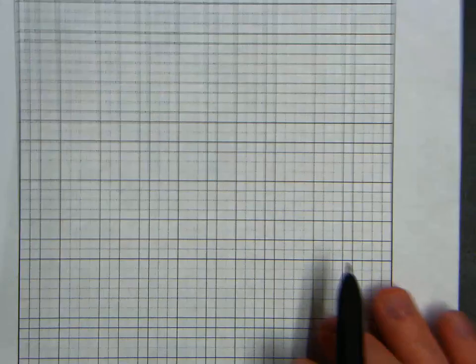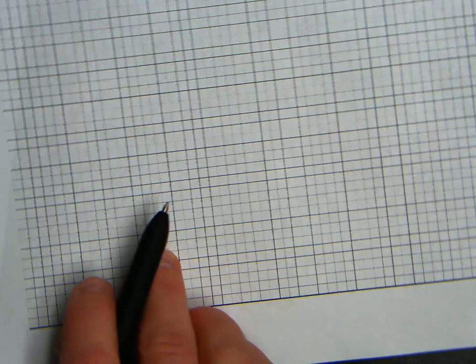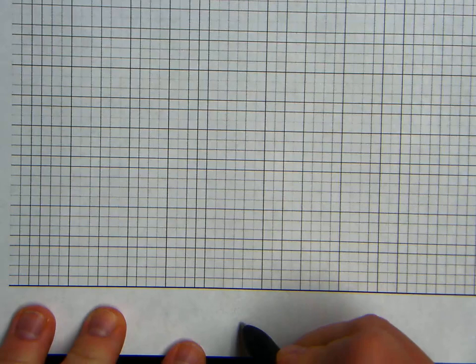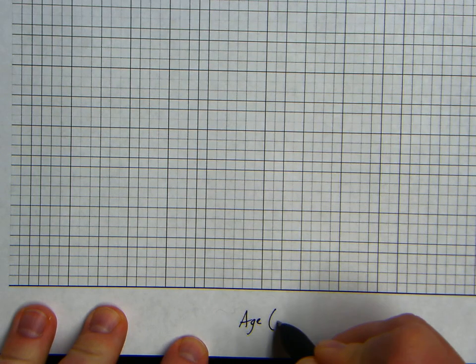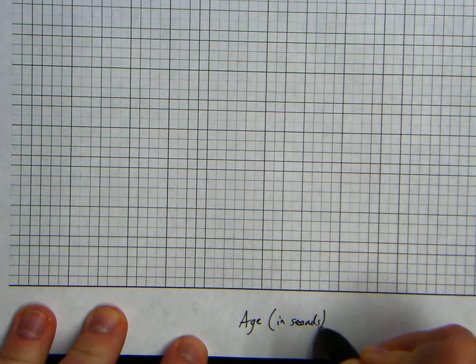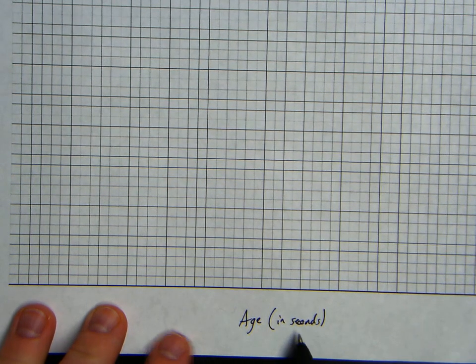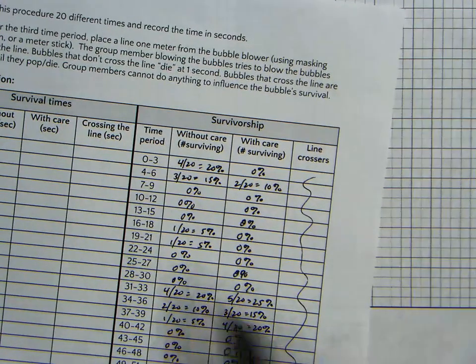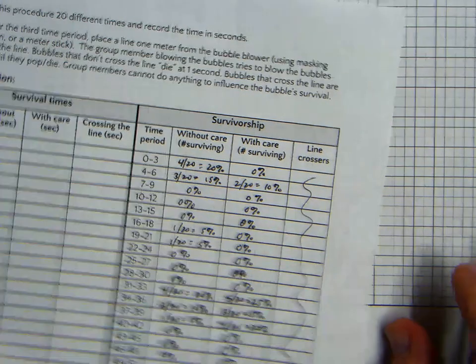All right, so what I'm going to do, first off, take your graph, instead of it being in portrait mode, turn it sideways so it's landscape mode. All right, x-axis is going to be age in seconds. Okay, I know that you can't really read that out of bad handwriting. Age in seconds. So for example, you can see on the data the time period 0 to 3, 4 to 6, 7 to 9, so on.